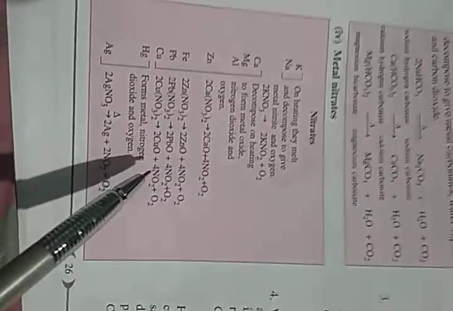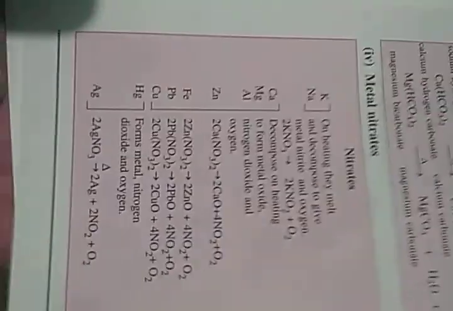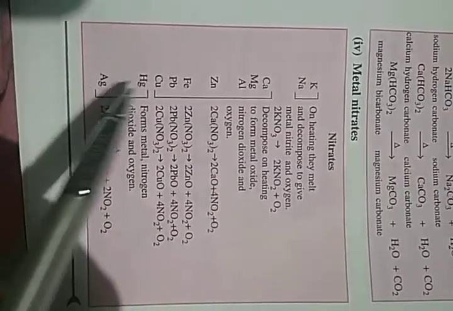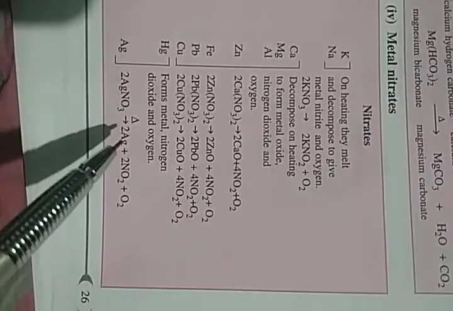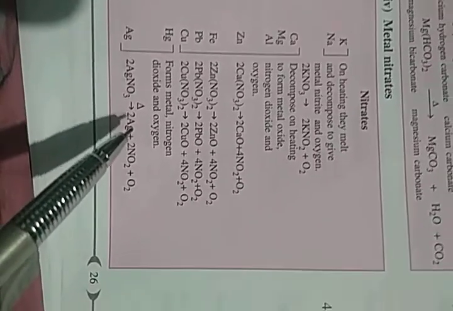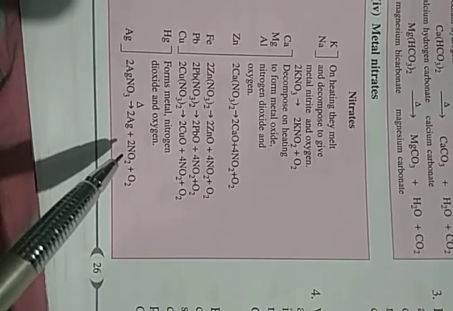But from calcium up to copper will form calcium oxide, nitrogen dioxide plus oxygen gas. For these last two, silver and mercury, the metal is formed: mercury or silver, nitrogen dioxide plus oxygen.